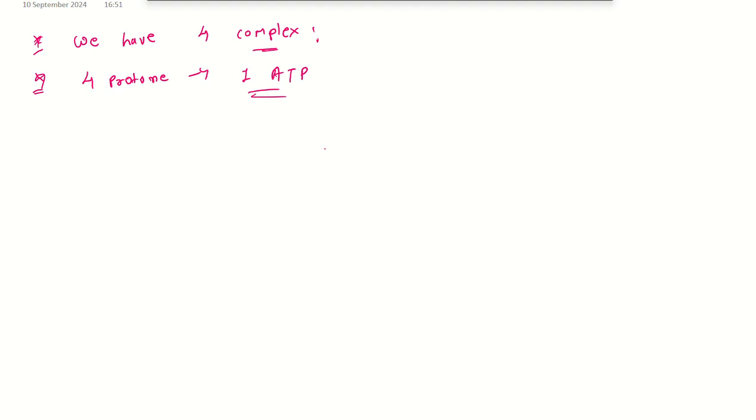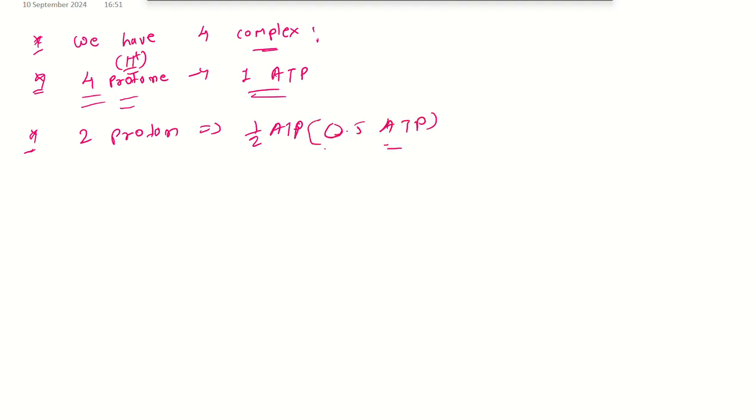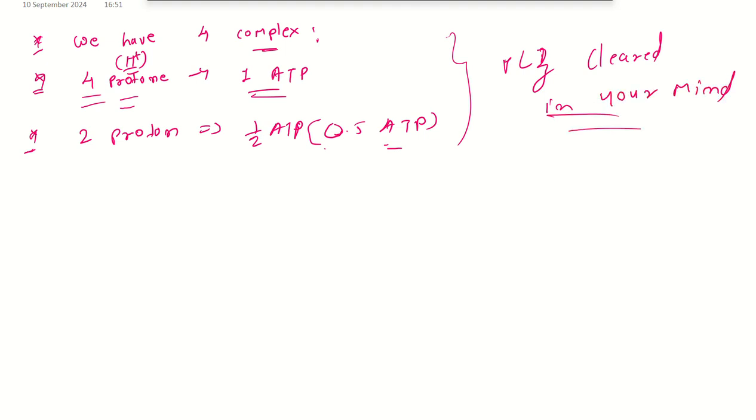So four protons released means one ATP is produced, and two protons means half an ATP, 0.5 ATP. Please make these things clear in your mind.